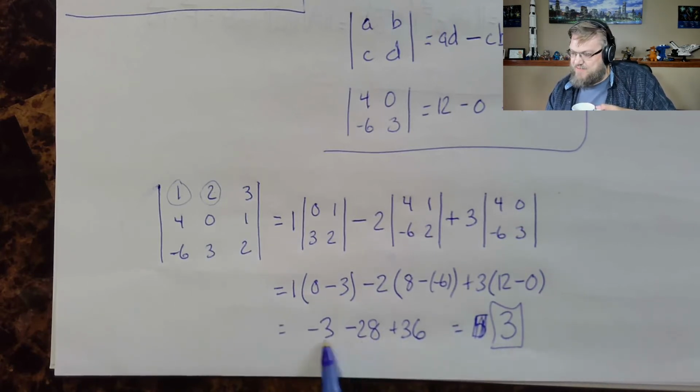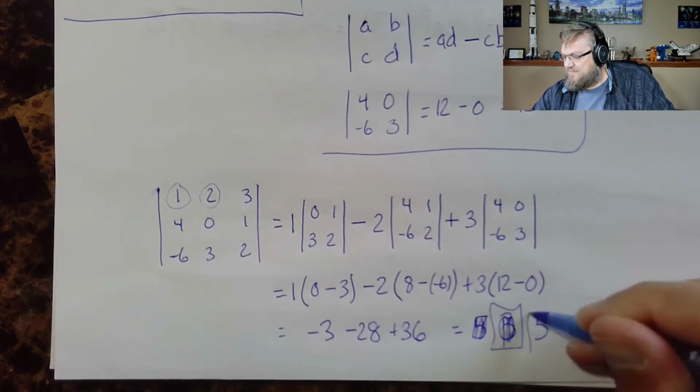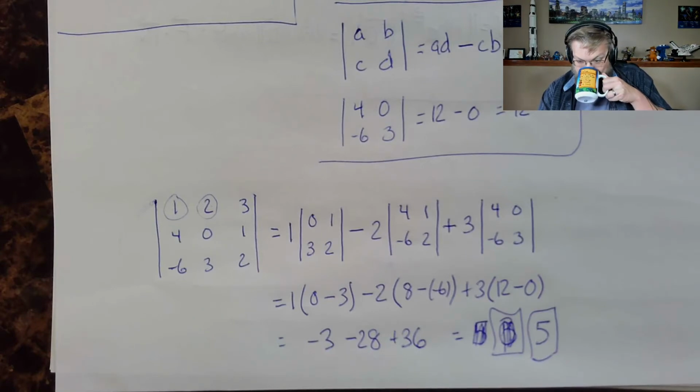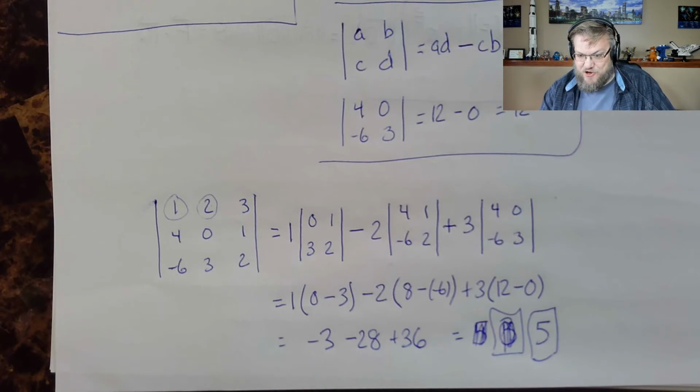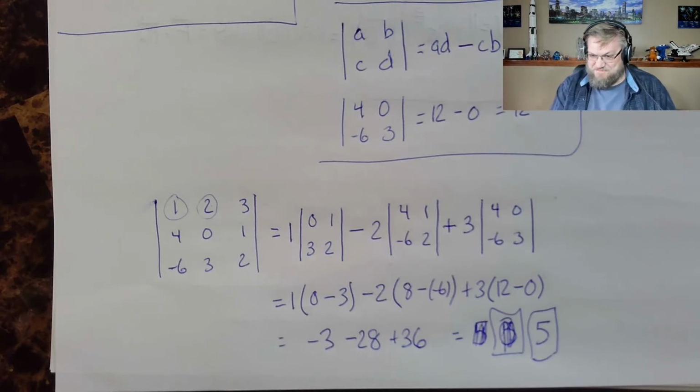Negative 28 minus 3, negative 31. 36 minus 31. I was right the first time. 5. Oh boy, I need more coffee. And I got nobody in chat here, so I don't know if I've confused utterly everyone now.